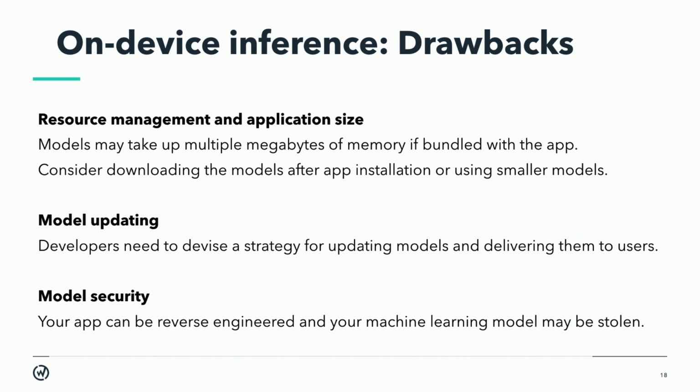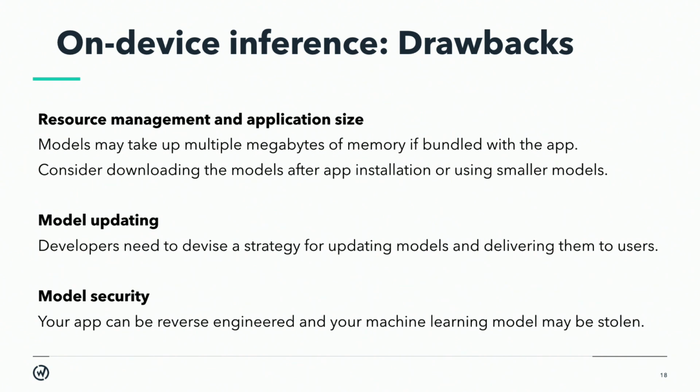So say, for example, we found a significant flaw, and now you have to push that machine learning model to the users. So do you want to just update your whole app, or you could just update your machine learning models in the background and just keep delivering them to users as you keep improving the performance of your machine learning model. So that's something you may want to think about as well.